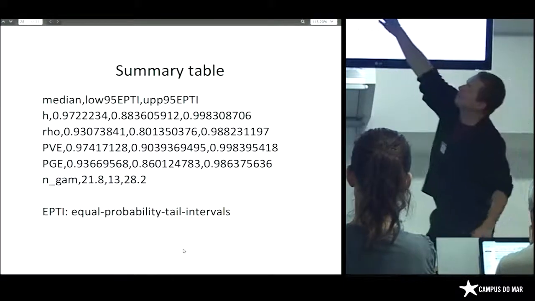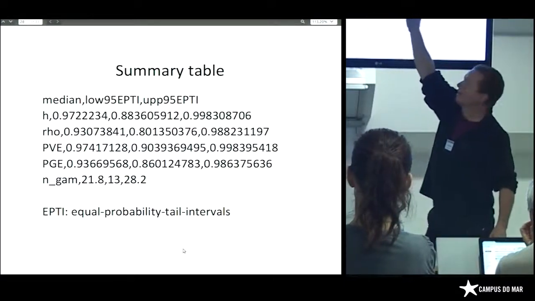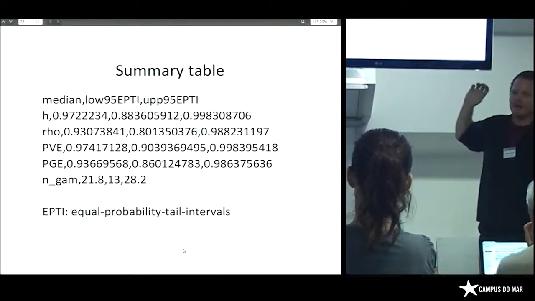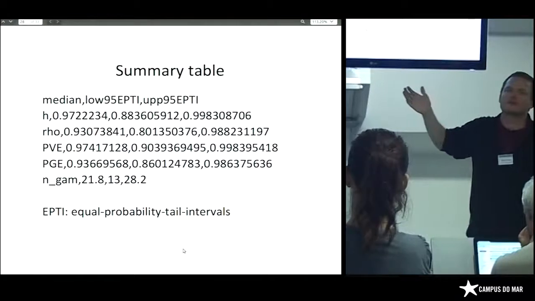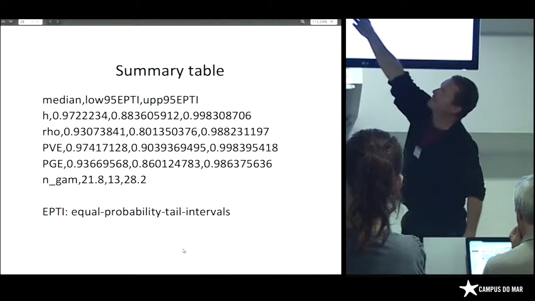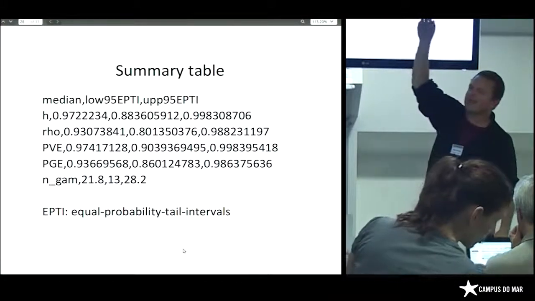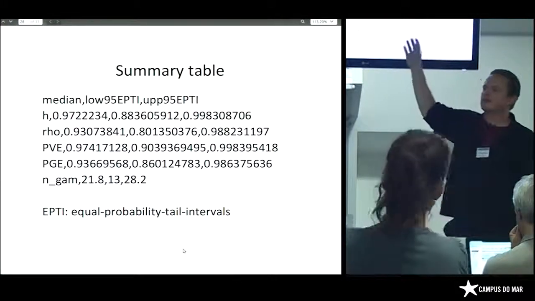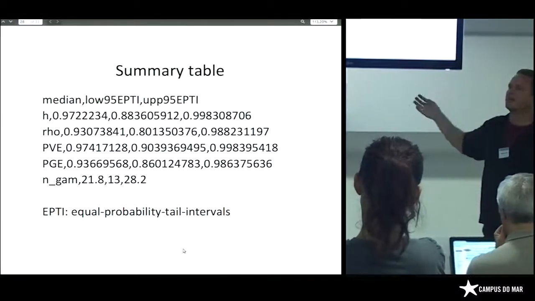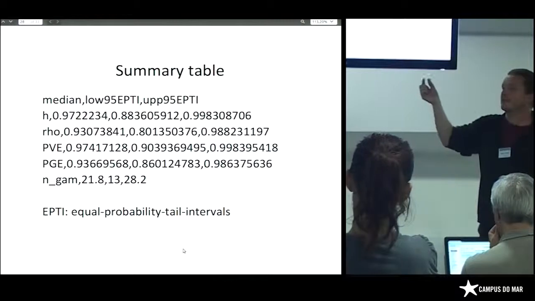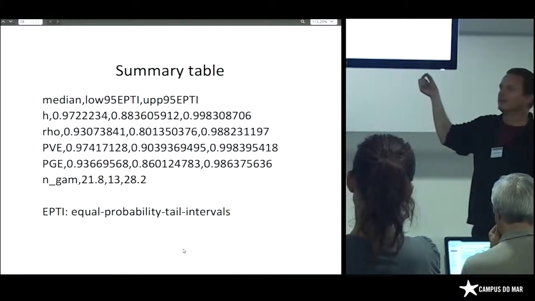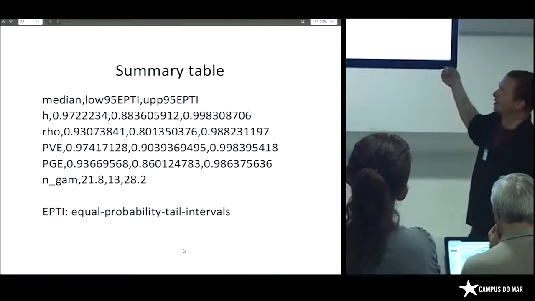And then the next two columns are the upper and lower equal probability tail intervals. So that's just saying what's our 95% credible interval around this estimate. In this case, it's saying between 88% and 99% of SNPs have zero association with our phenotype. Now, I find that difficult to believe. That means that whatever SNPs we found explain all of the variance that we can explain.